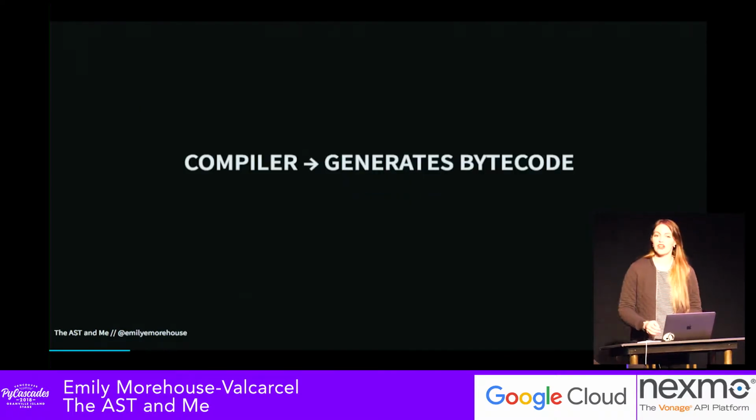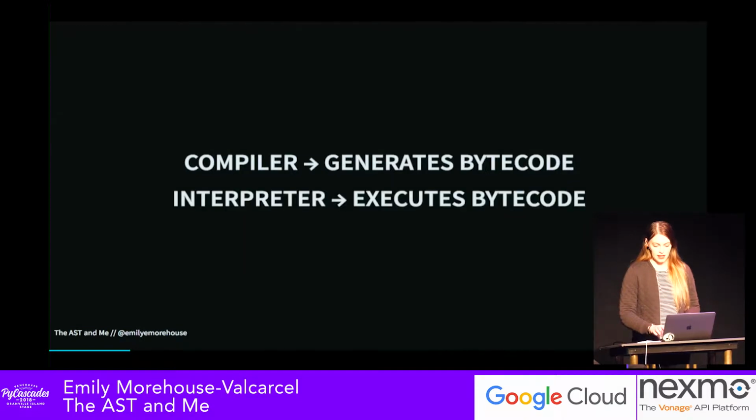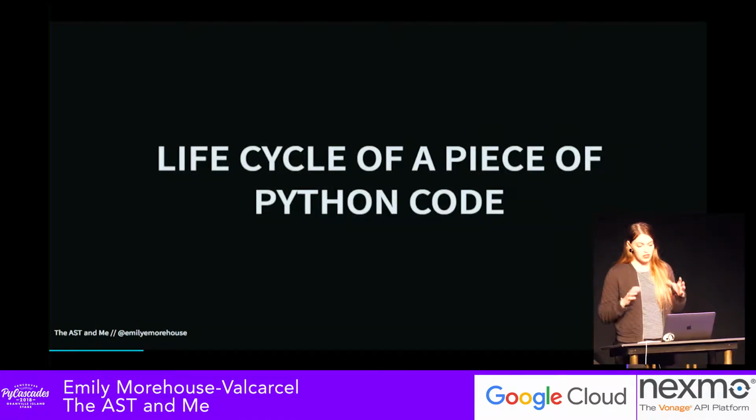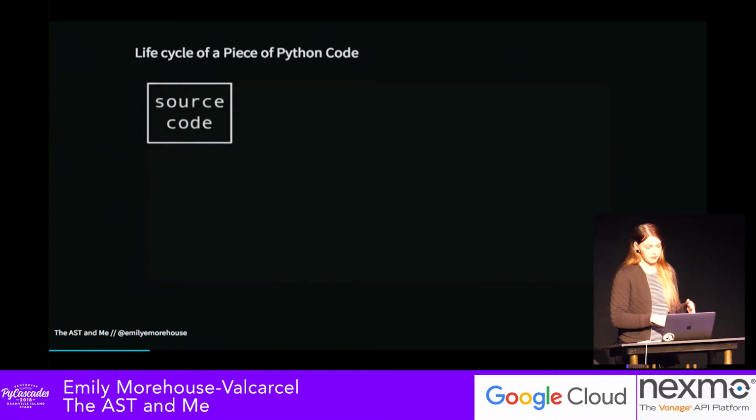Our compiler generates a bytecode, and our interpreter makes sense of that bytecode in order to actually execute your code. One of the ways in which Python is dynamic is that the same bytecode does not necessarily always have the same outcome. So let's zoom in a little bit to see more of what this process actually looks like.